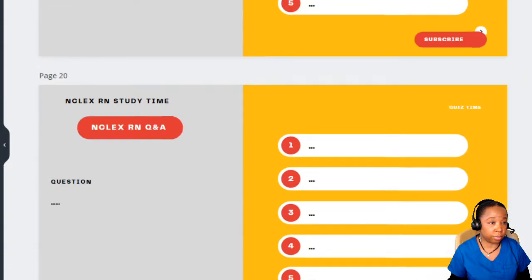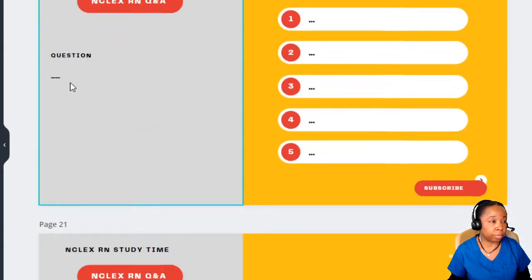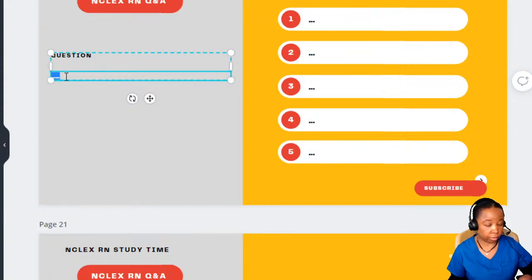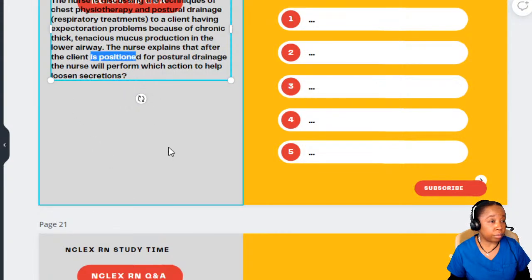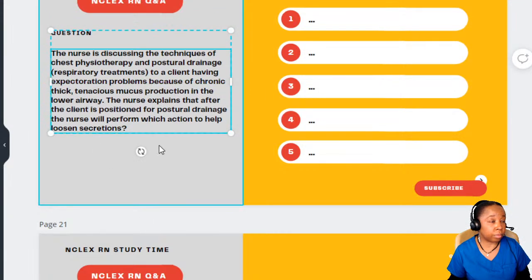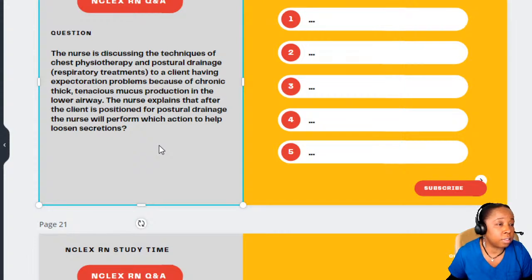Next question. The nurse is discussing the techniques of chest physiotherapy and postural drainage. This is a type of respiratory treatment for patients who have secretion and also atelectasis, for example.